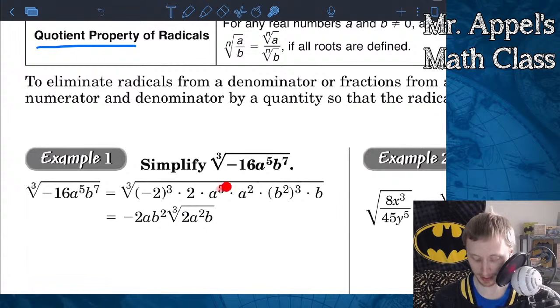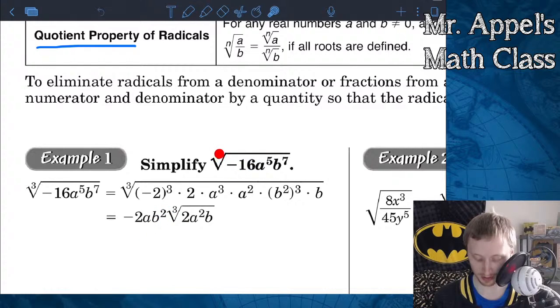Okay? And then it's a matter of splitting these up. Okay, well, I can take out 3 of the 5 a's. So treat that as a cubed times a squared. Again, I would not be writing this down. I would just be working through this as I go. What can I do with the number? Put that in front. What can I do with a's? I can take out 3 of them.